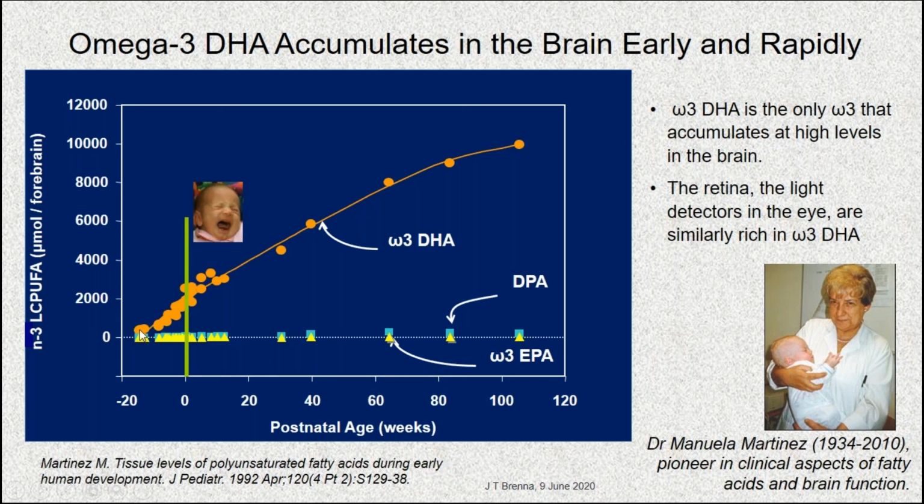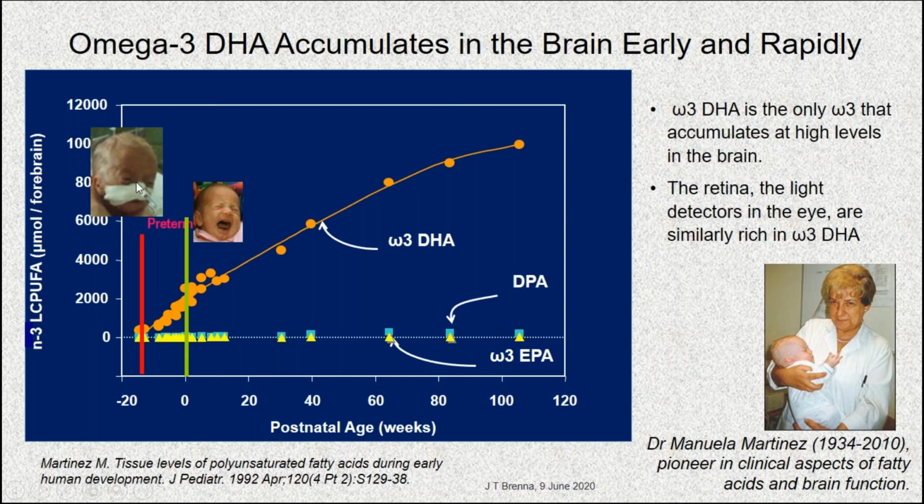So this is another autopsy study, 1992, from the late great Manuela Martinez, and it shows the long chain omega-3s in the brain, DHA. Here's EPA, which we mentioned, and then here's an intermediate one called DPA. And the first thing you can see is that EPA and DPA are a function of time. Here's normal term birth. Here's 100 weeks, so that's 2 years, and those two are very low, whereas DHA rises dramatically. So that's term birth.